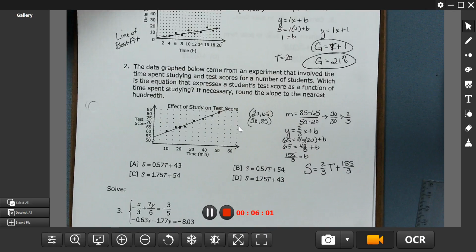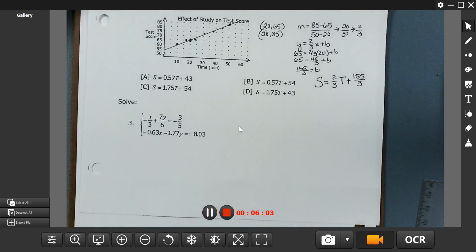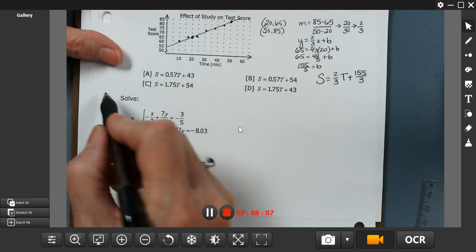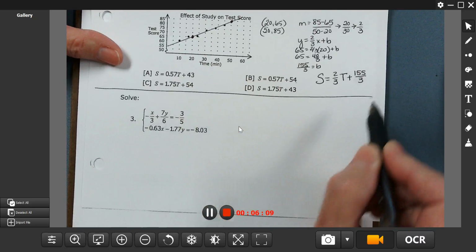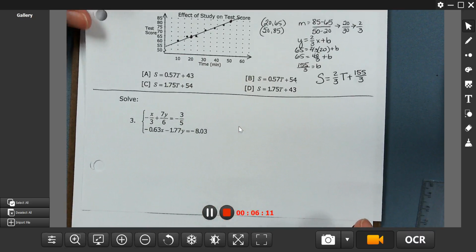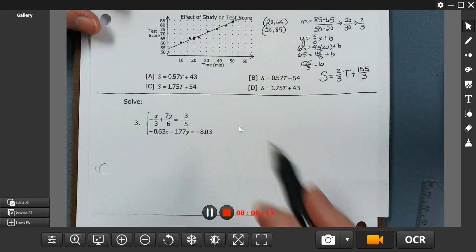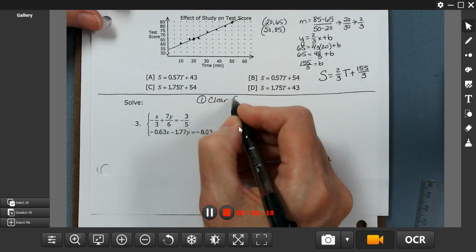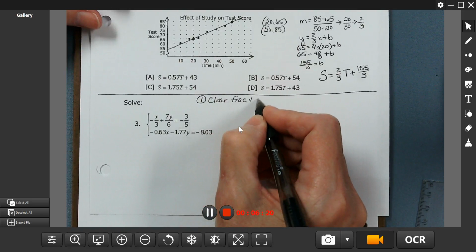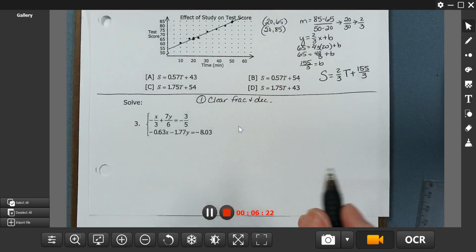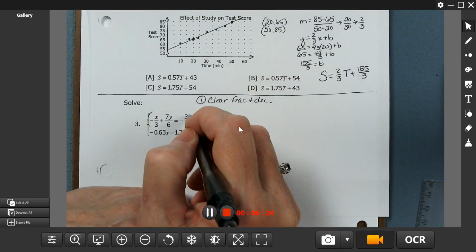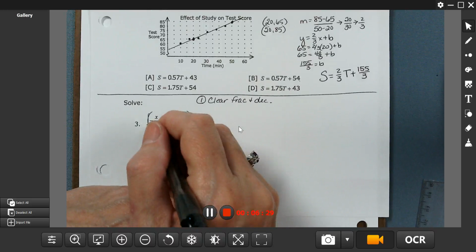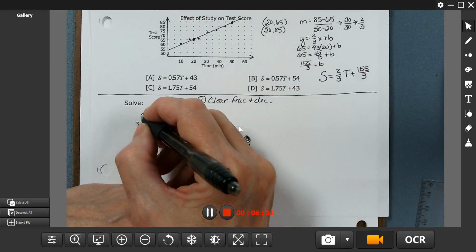Okay, now when we have these kind of equations, you've done systems of equations before, but this one has not just fractions or just decimals, but it has both. So step one is we want to clear the fractions and the decimals. To clear the fractions here, we would multiply by the smallest number that 3, 6, and 5 go into, which is 30.